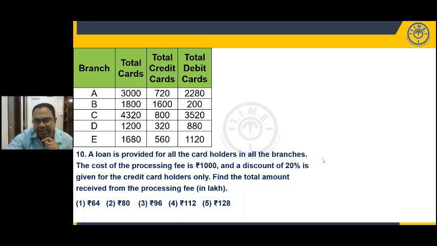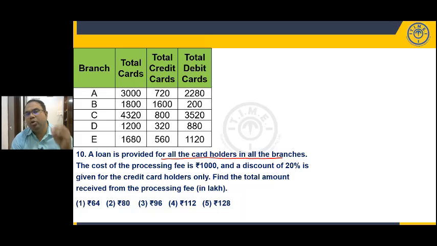Right, let us discuss. Read the question carefully, that's the only point here. It's a lengthy question, but if you read it clearly and carefully, it's an easy question. Loan is provided for all the cardholders in all the branches.